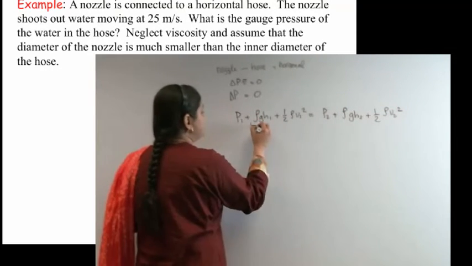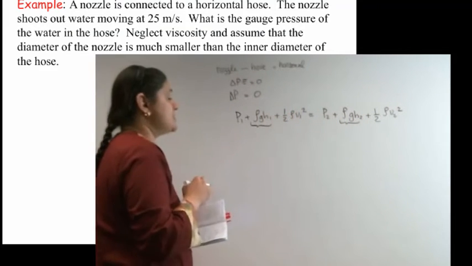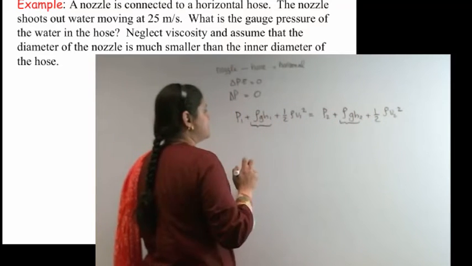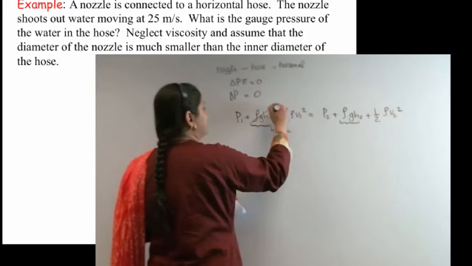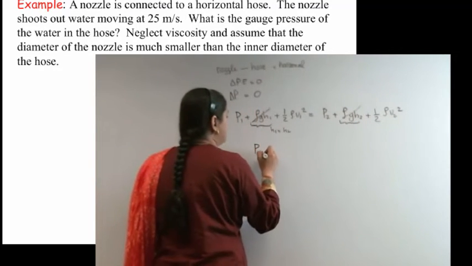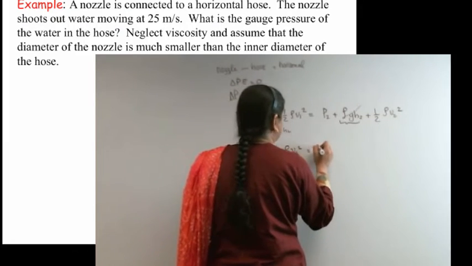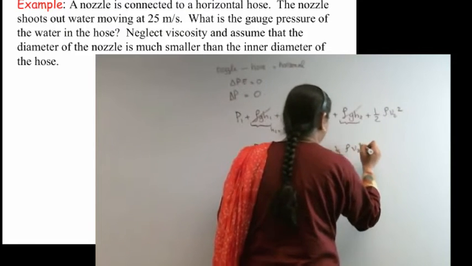So this is my potential energy and this is my potential energy. Since the change in potential energy is 0, these two will go away because h1 equals h2, right? Since h1 equals h2, I can pretty much get rid of these two terms. What am I left with? P1 plus 1/2 rho V1 squared equals P2 plus 1/2 rho V2 squared.